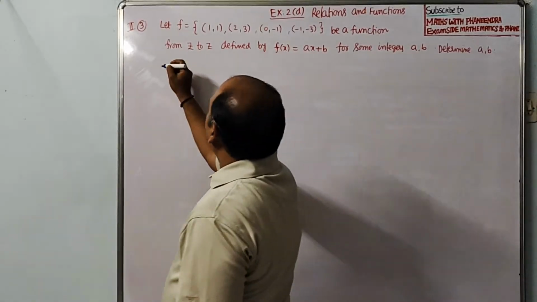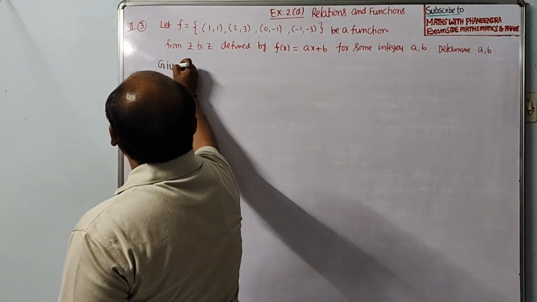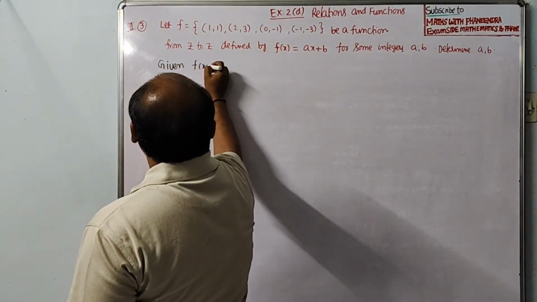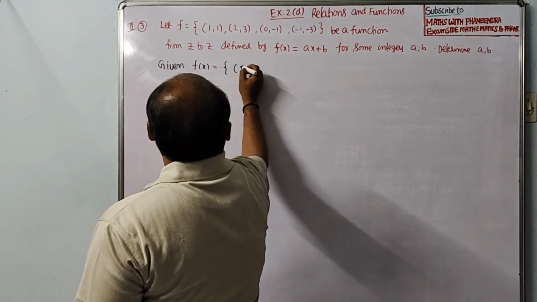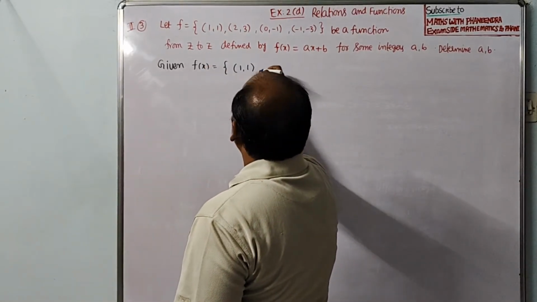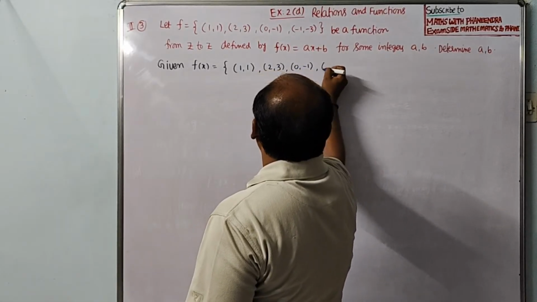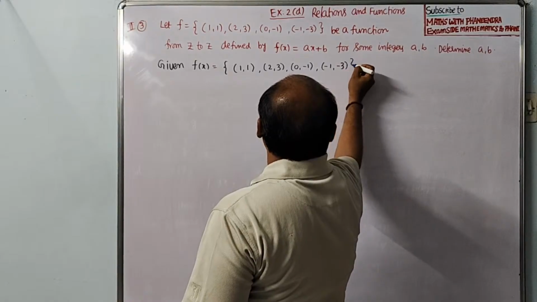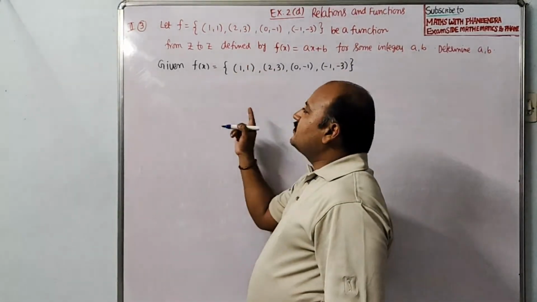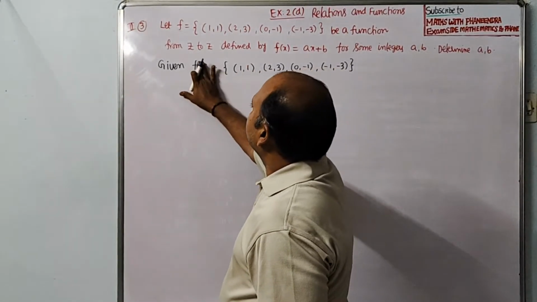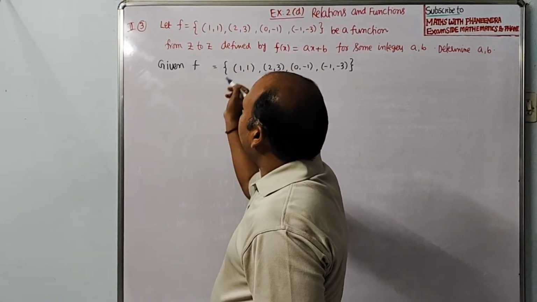So first, given f equal to {(1, 1), (2, 3), (0, -1), (-1, -3)}. It is just this f, simply f.